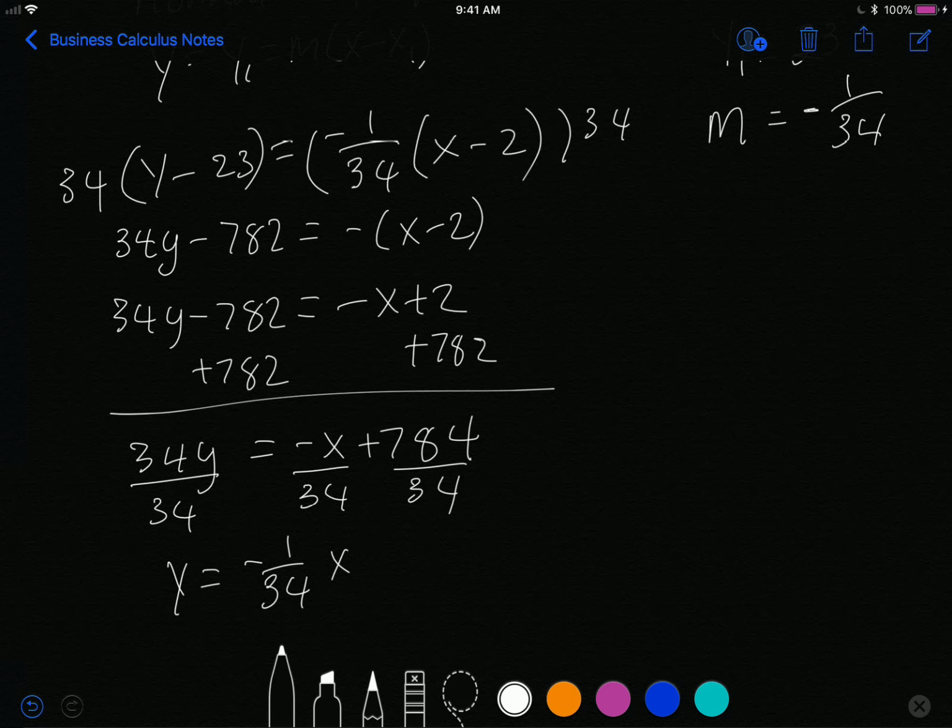And I can divide by 2. And so that leaves us with 392 over 17. And that right there is the equation of the line that is normal to your tangent line.